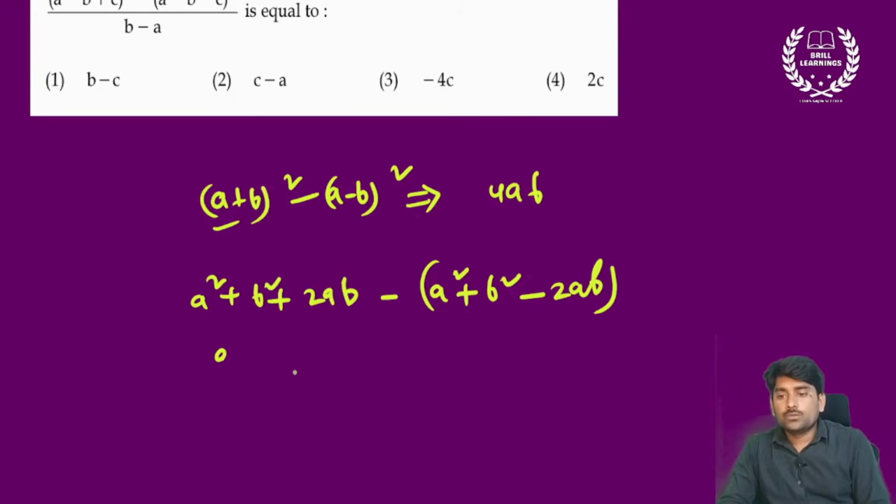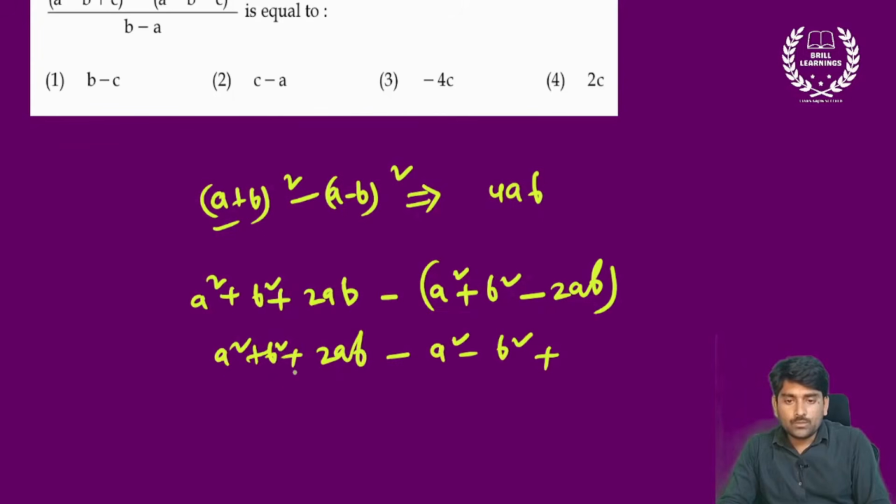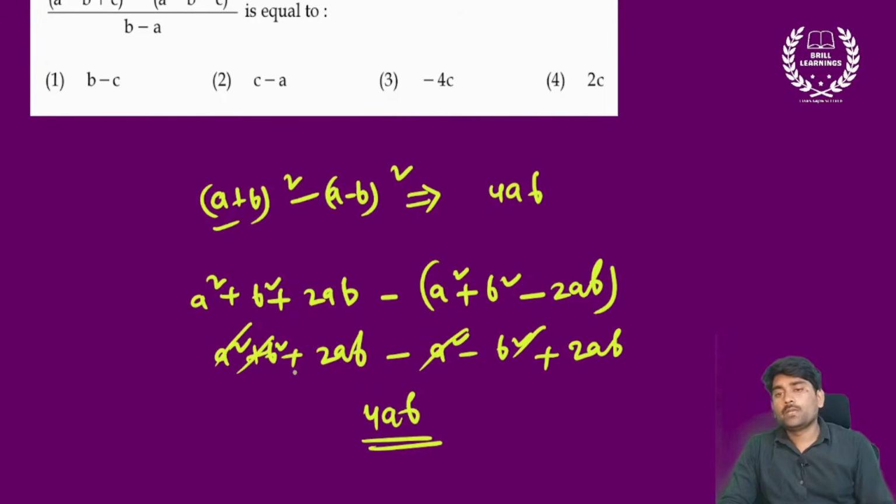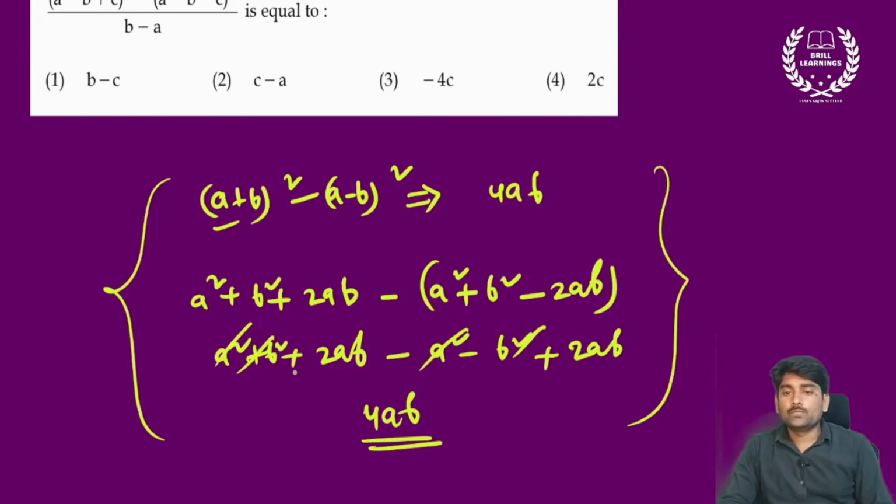Okay, so a square plus b square plus 2ab minus a square minus b square plus 2ab. These two will be cancelled. So we are left with 4ab.